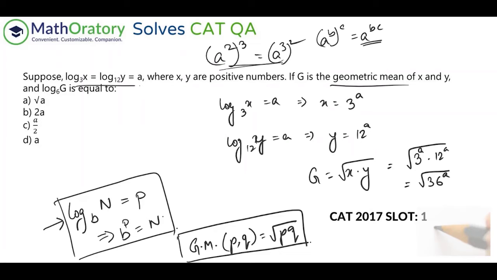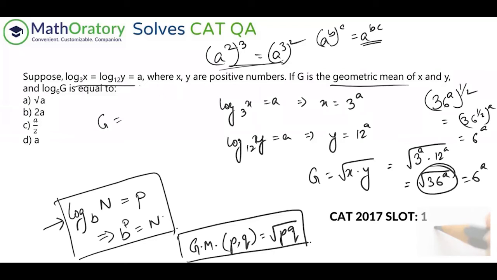The reason I'm telling you this is, if you look at this, it's something like 36 to the power a whole to the power half, which is as good as 36 to the power half whole to the power a, right? The same idea as this. 36 to the power half is 6. So basically this is 6 to the power a, right? So the g is 6 to the power a. So this is something we obtain.